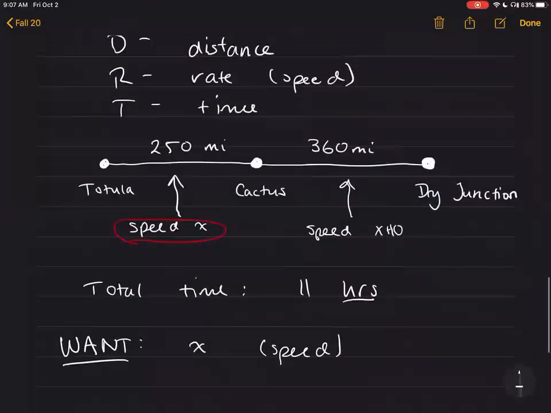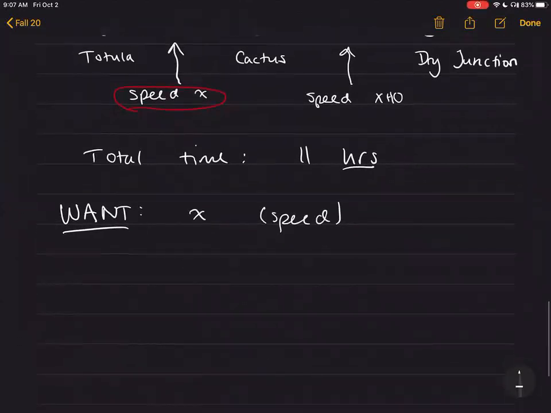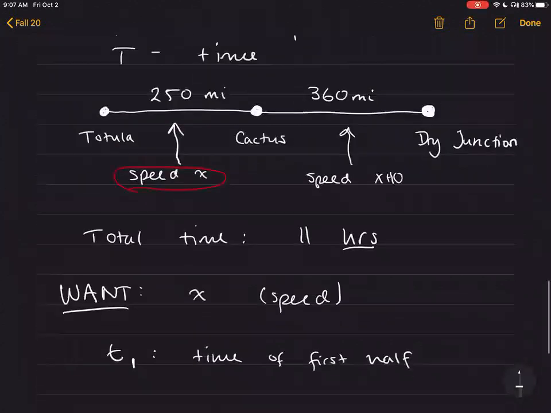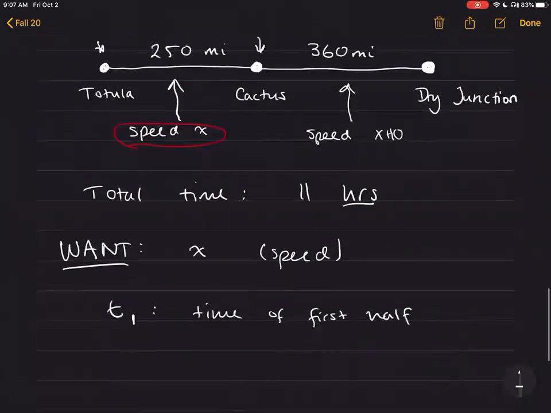So if we know that the total time was 11 hours, I'm going to let T1 be the time of the first half, the time it took to go from here to here. And I'm going to let T2 be the time of the second half.